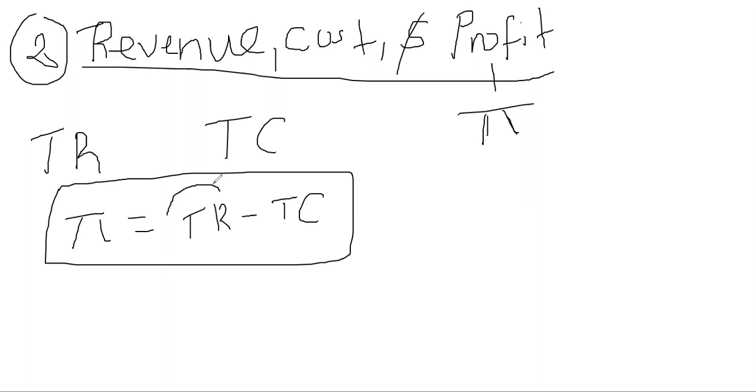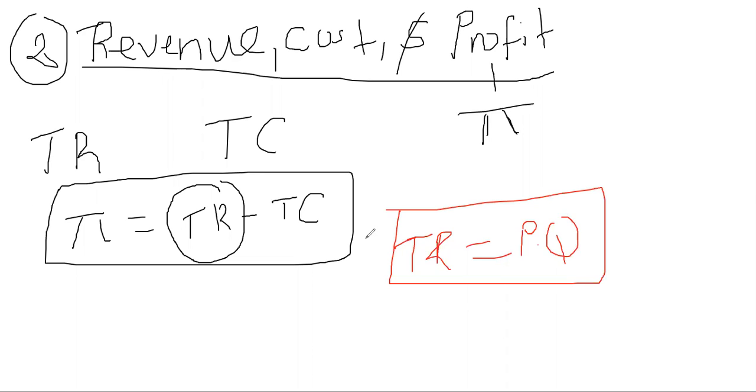What's the formula of it? Normally you will see total revenue is price times the quantity. So profit is total revenue, which is price times the quantity, minus the total cost.